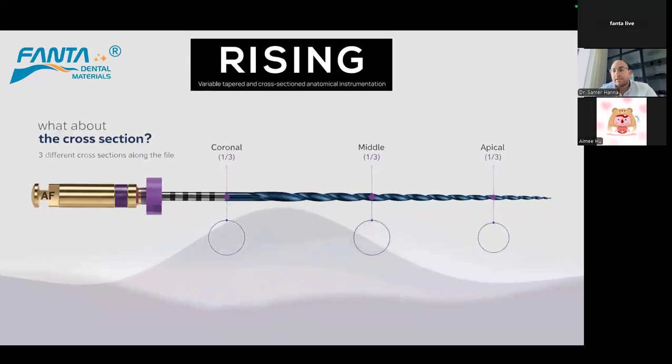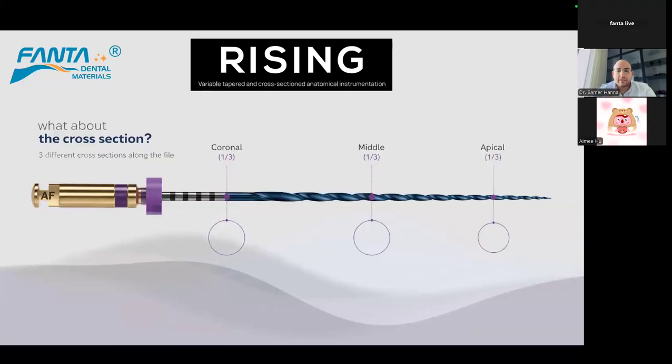So I know that, for example, I need an S shape in the apical side to be more flexible with better cutting efficiency. And I need, for example, triangular in the coronal side to have more strength, not to fracture. So again, having three different cross sections in the same file is one of the key points of Rising, as it really improved the flexibility of the file and the cutting efficiency.